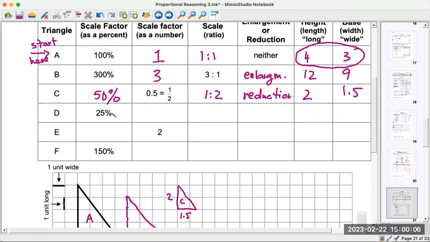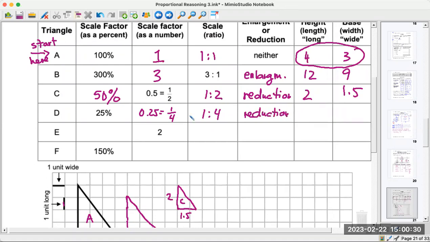Then here, 25%, that's a reduction. That's 0.25, or it's 1/4. So it's 1 to 4. Now you can use your calculator. See how that works. It's a reduction because this number is less than 1.